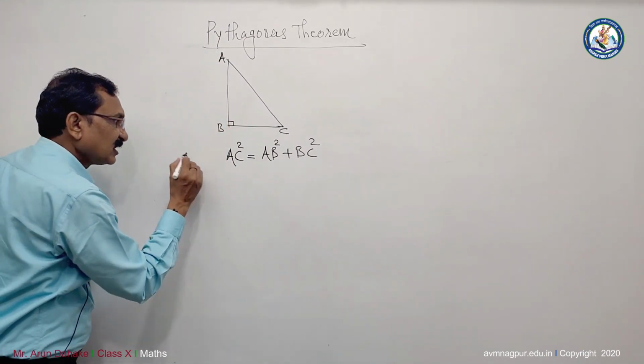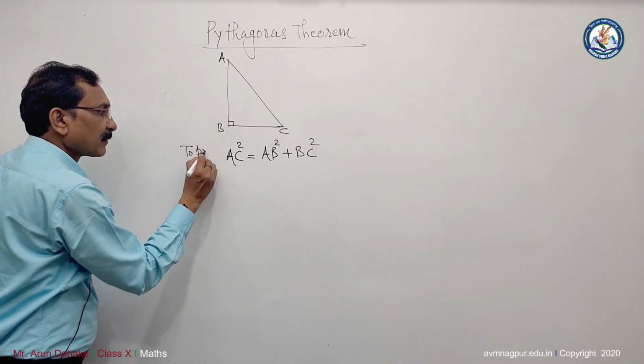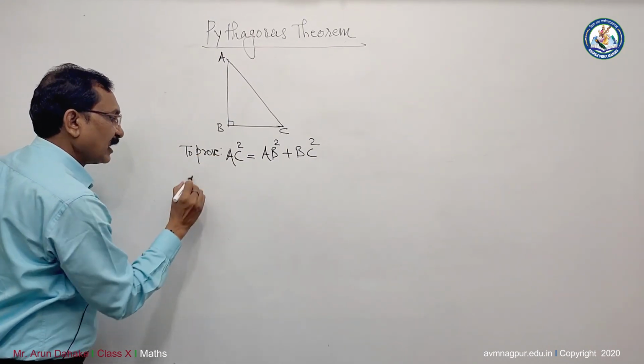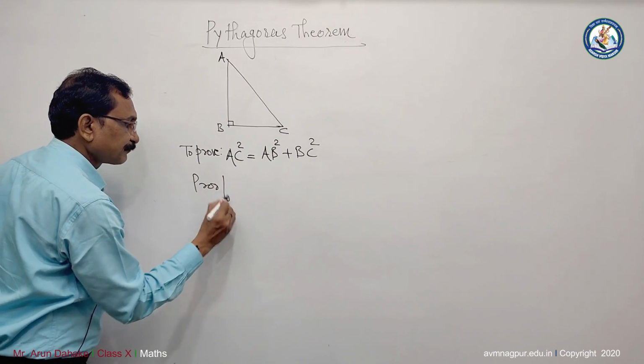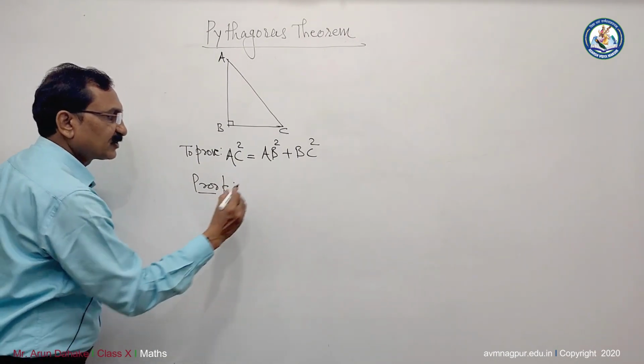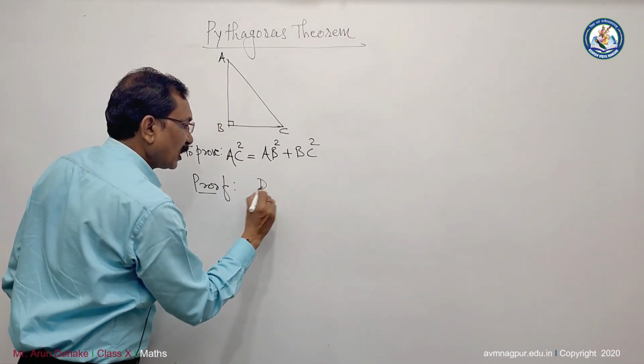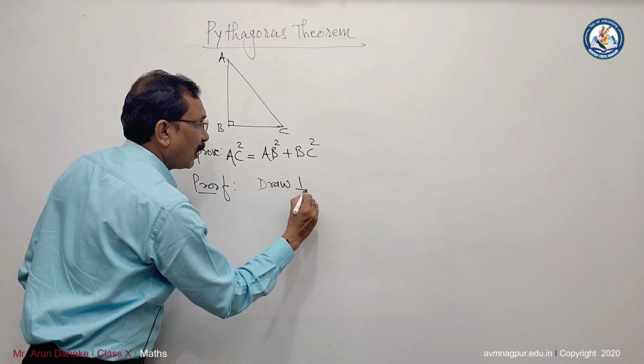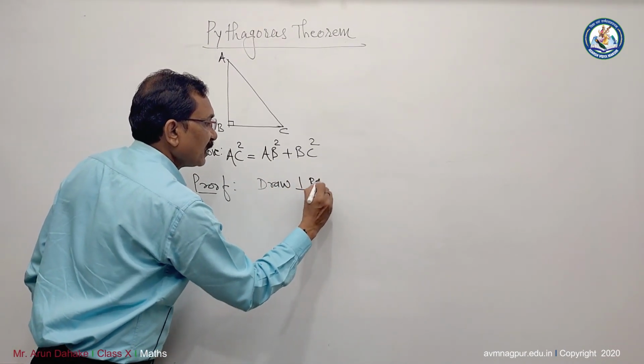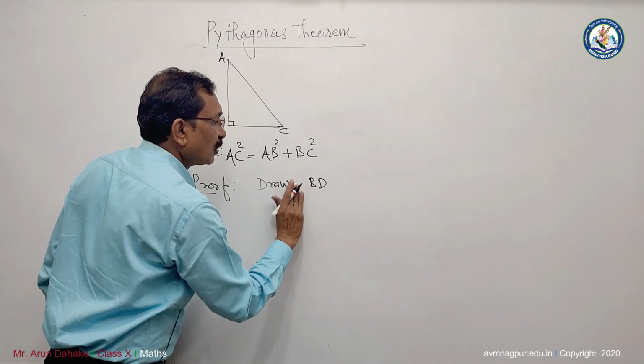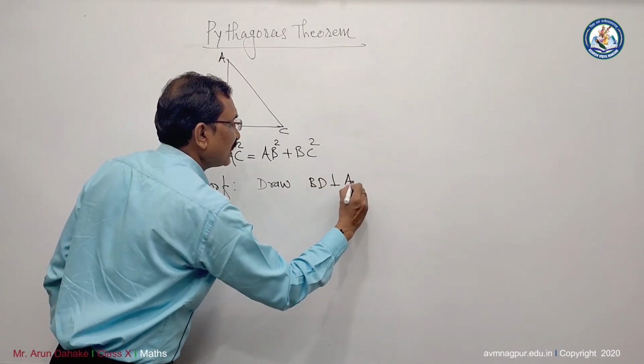See, now this is to prove, and now see the proof of this one. Construction: draw perpendicular BD to hypotenuse AC.